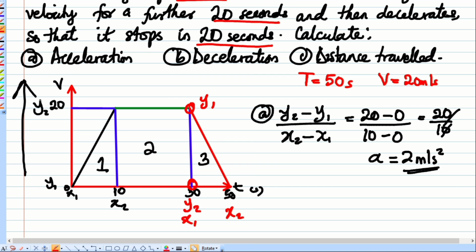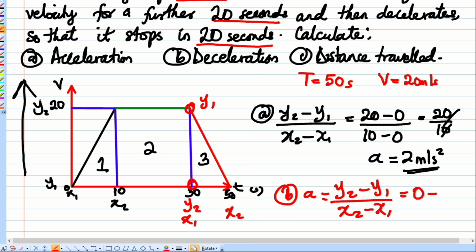So for the B part, deceleration, which we also represent as a, will be equal to y2 minus y1 all over x2 minus x1. The value of y2 there is 0, minus y1 is 20, divided by x2 is 50 minus x1 is 30.